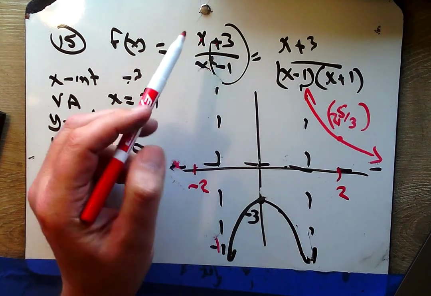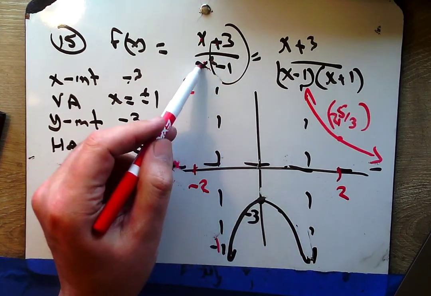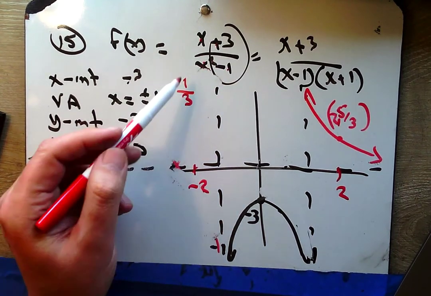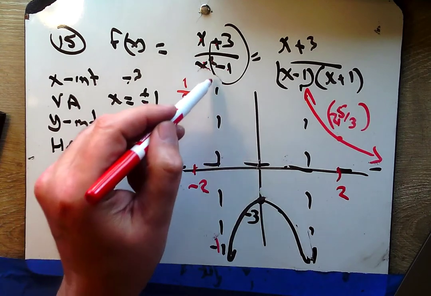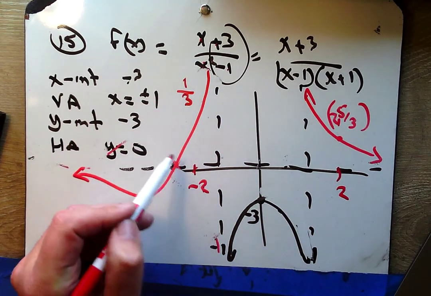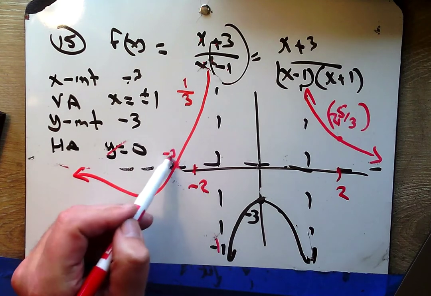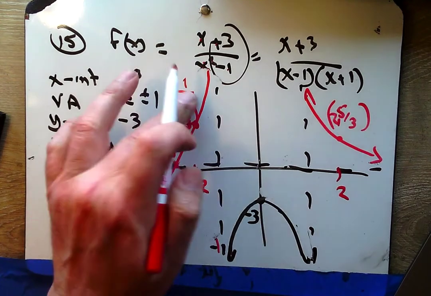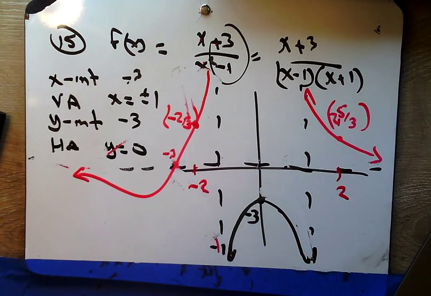So negative 2 plus 3 is 1. Negative 2 times negative 2 is 4. 4 minus 1 is 3. So I get positive over positive, which is positive, which means my graph looks like that. There's negative 3, and here's negative 2, 1/3. Okie doke, there's number 15. How about 16?